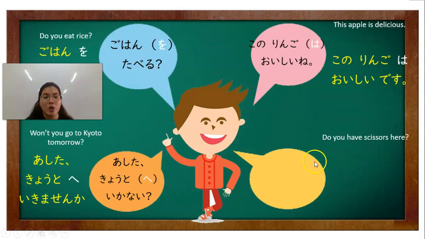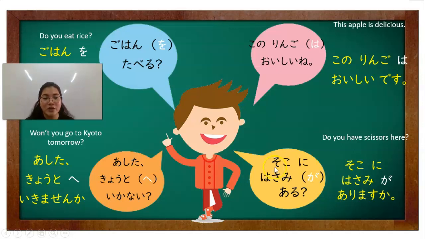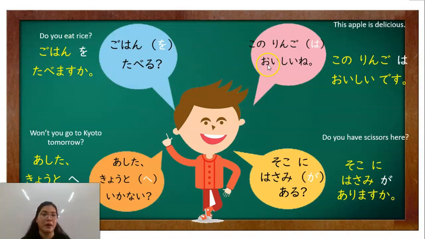Another, do you have scissors here? Soko ni hasami ga arimasu ka? While in a plain style, soko ni hasami aru? Okay, so nawawala na din si particle ga. So these are just examples of the mga particle na pwede mong i-omit. Just like the particle o, wa, e, and ga.